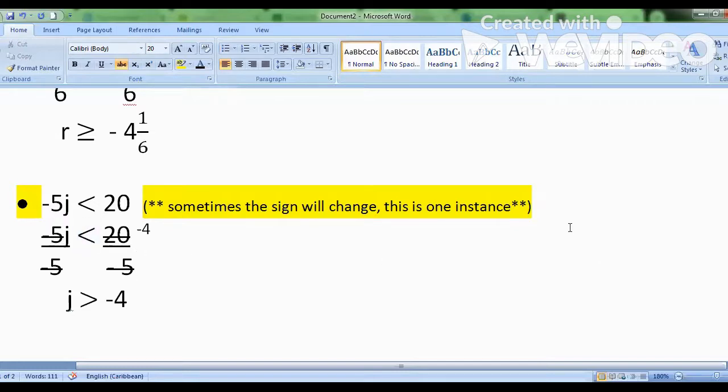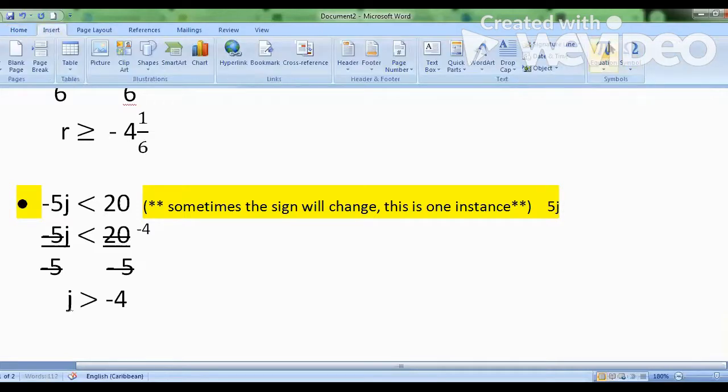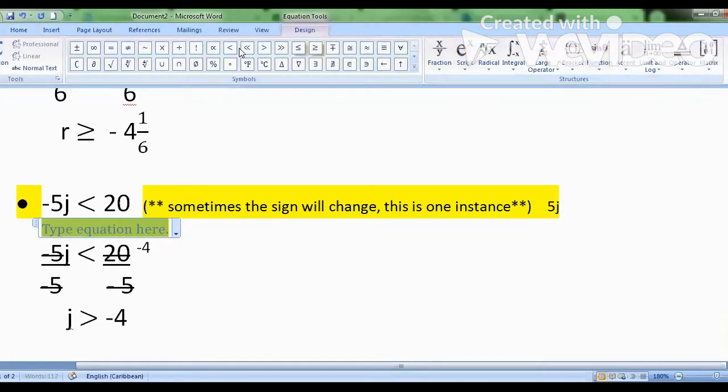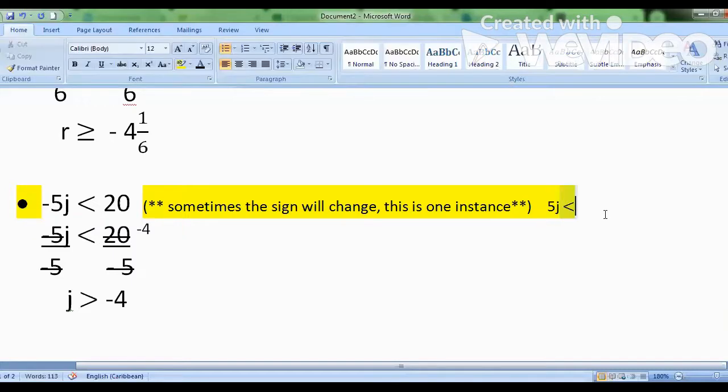So let us say, suppose the question was 5J less than -20.